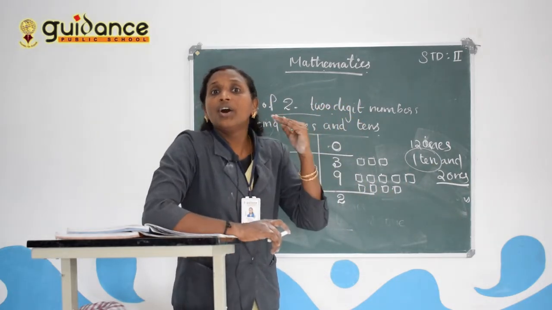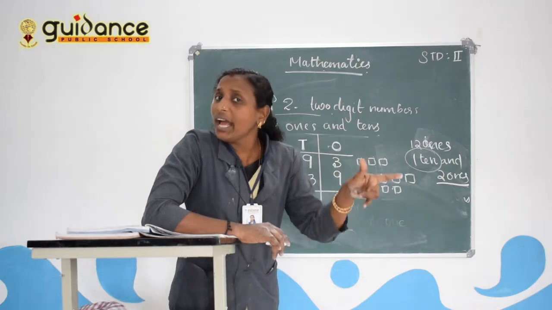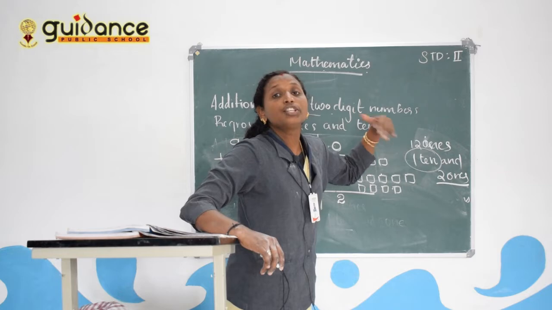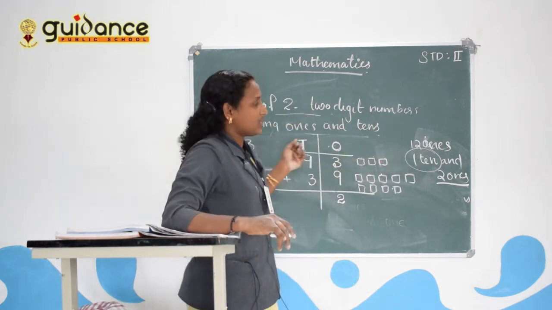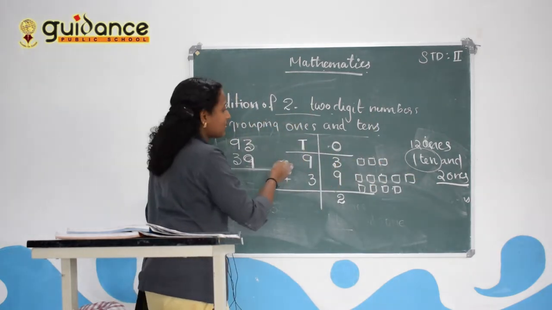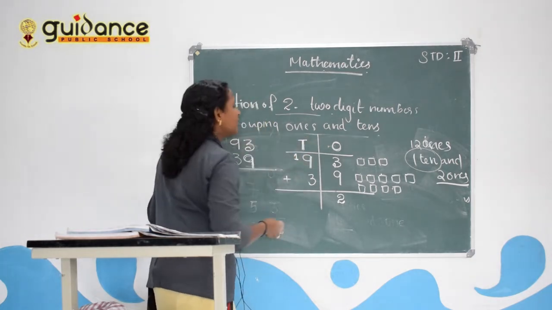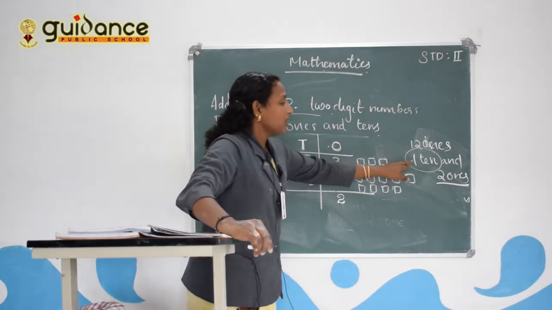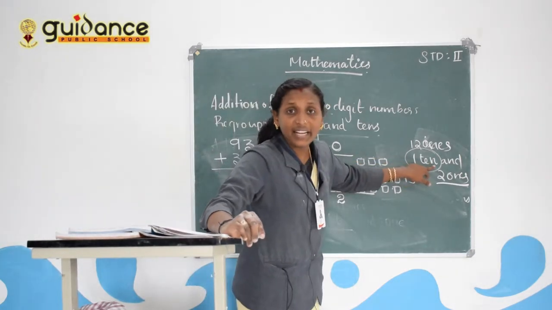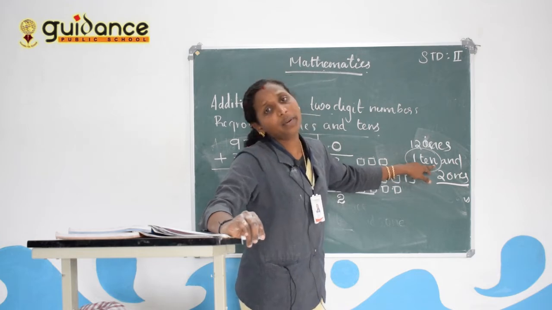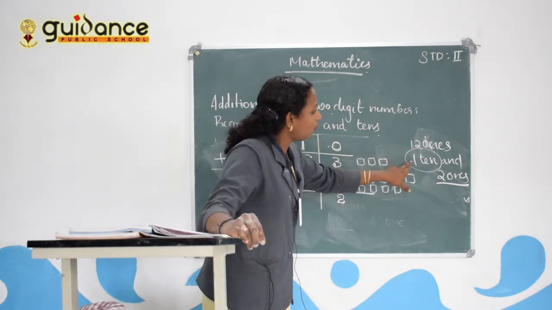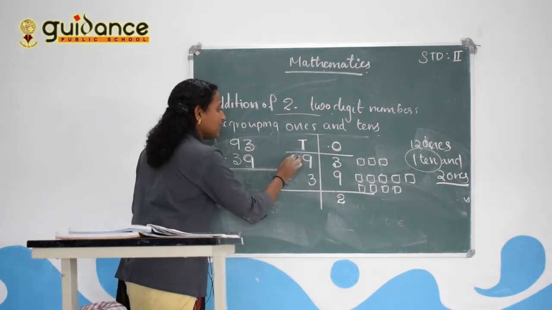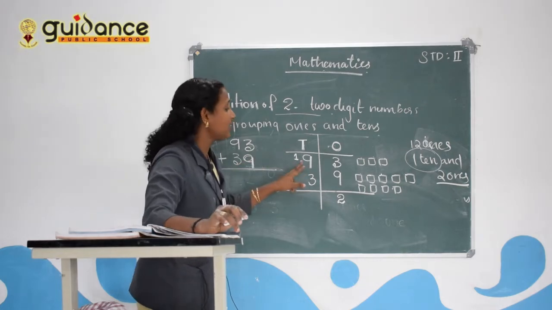Carried over 1 ten to the tens place. That means this is the tens place, so write 1 carried over. Clear? Carried over 1 ten to the tens place. That is the carried over 1 right here.